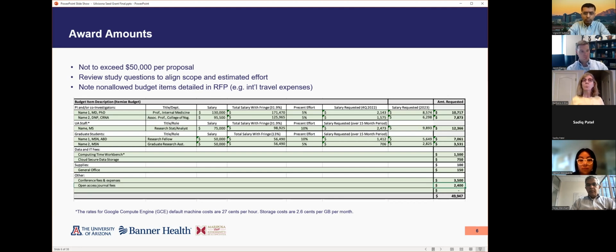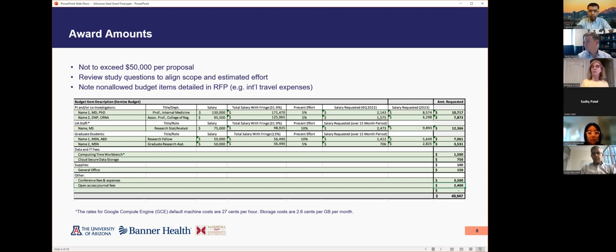Our business person will create sub-accounts for each seed grant award with the parent program. So the business person or contact that you will be sending the reports to, the project lead, will come from the All of Us program here locally at the University of Arizona Banner. It won't be your respective department's business contact.